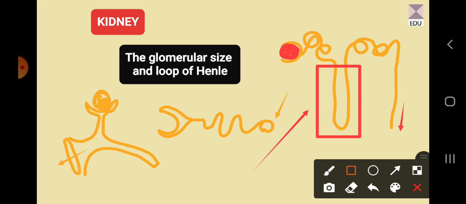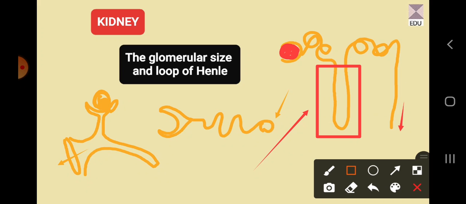So in mammals, the glomeruli have remained in the larger sizes because of this particular technique of water conservation that is taken up by this hairpin loop or the loop of Henle.